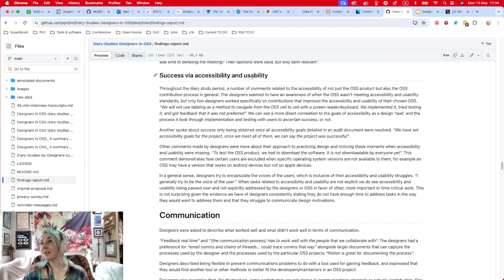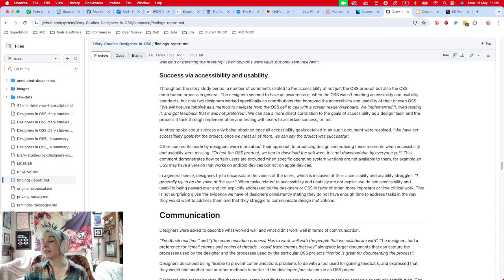And then this one is, I think, a really pivotal one for design in open source, and speaks to the wider goals of designers typically.